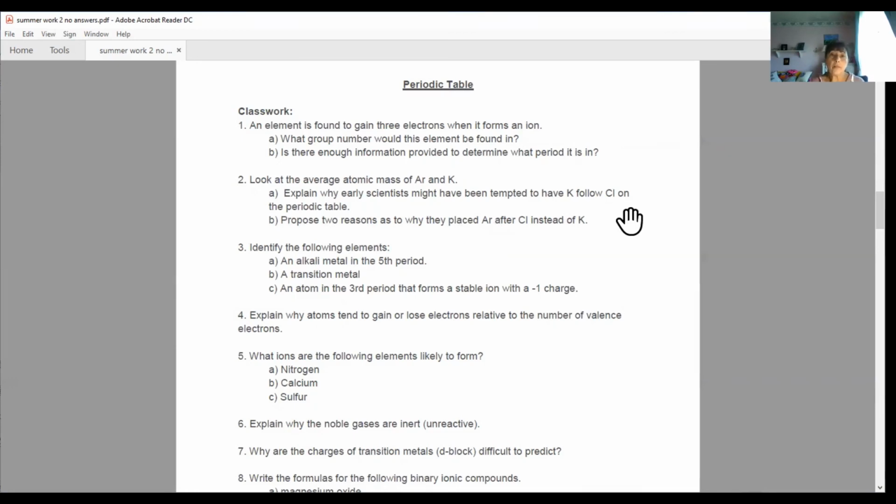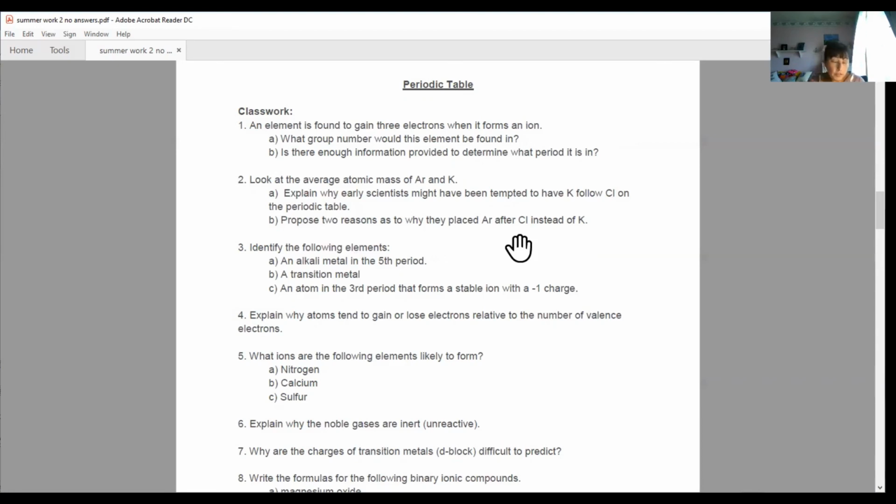But instead, we are locating elements in the periodic table according to the increasing number of protons. Propose 2 reasons as to why they placed argon after chlorine instead. Well, I just said it: because of the number of protons, right?